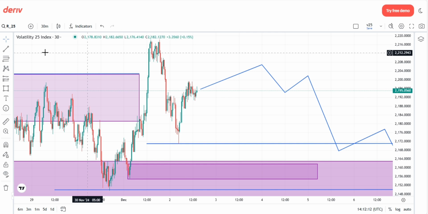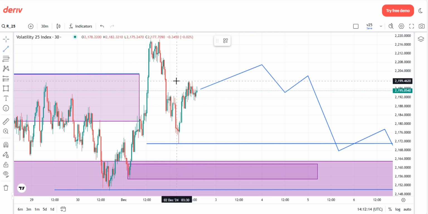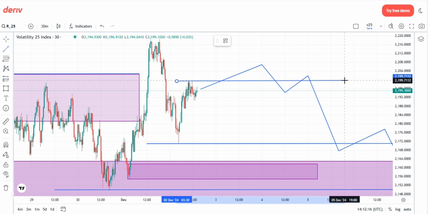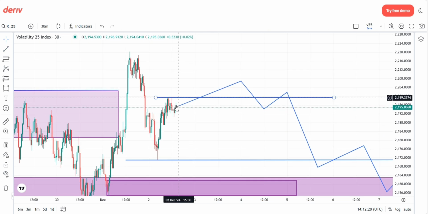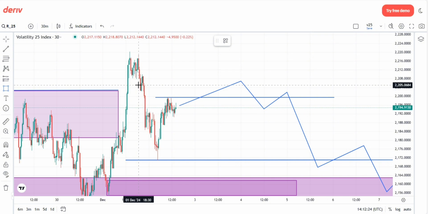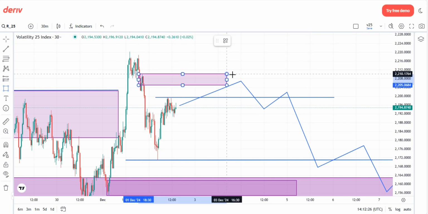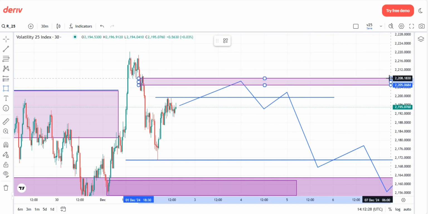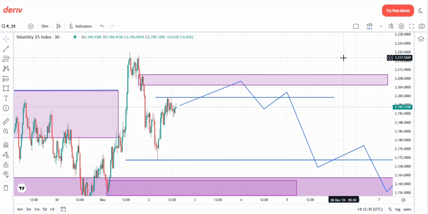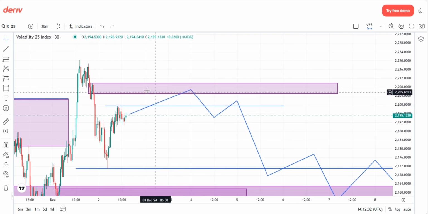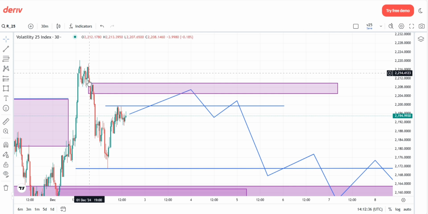Those who want to sell, they can look for scalps here. They can scalp at this liquidity here. So if the liquidity is grabbed, the market will respect this stop loss, this order block. If it doesn't respect this order block, it will go for this order block.